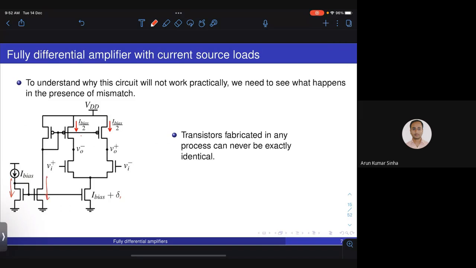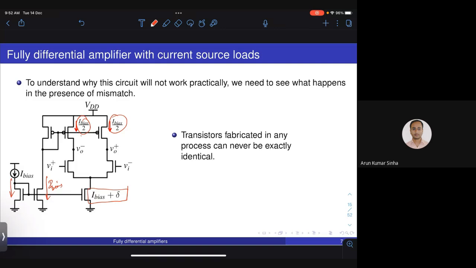This is I bias, this is also I bias, and this is also I bias by 2, exactly matched. And the only problem is that this tail current source here has a very small mismatch of I bias plus delta.